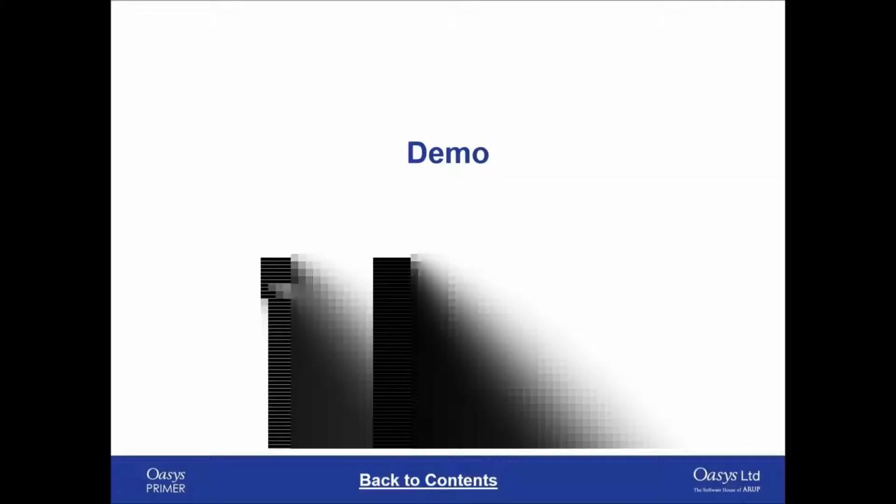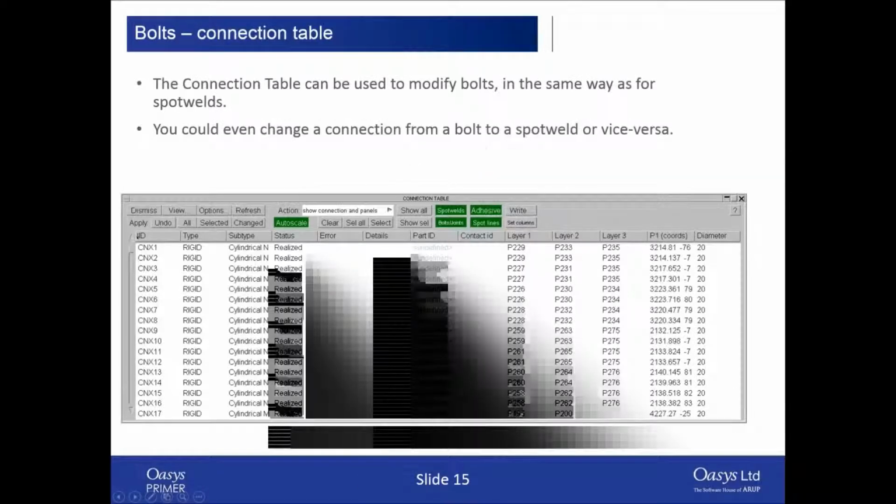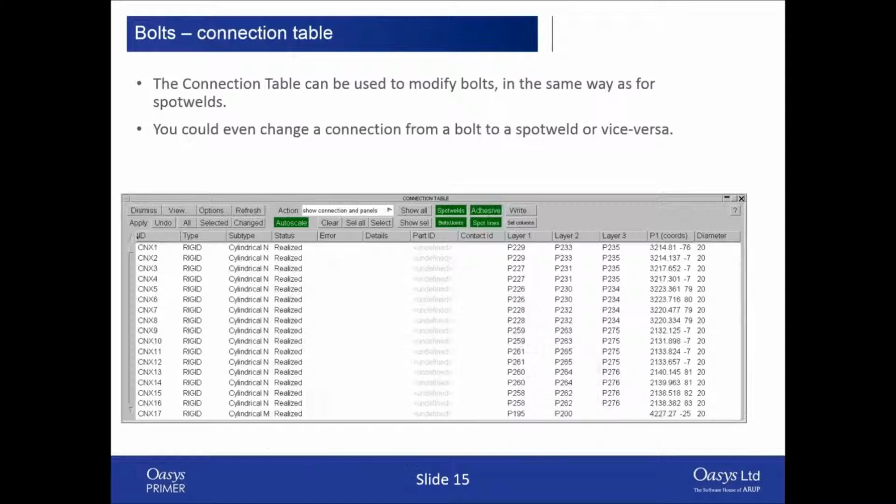Let's go back to my slides. So once you've created bolts, you can create them manually, or you can read some information in, so Primer can automatically create them. You can then manage and modify that information using the connections table. So the connection table looks like this. Essentially, you have one row per connection, and this can be used for spot welds, adhesive as well.